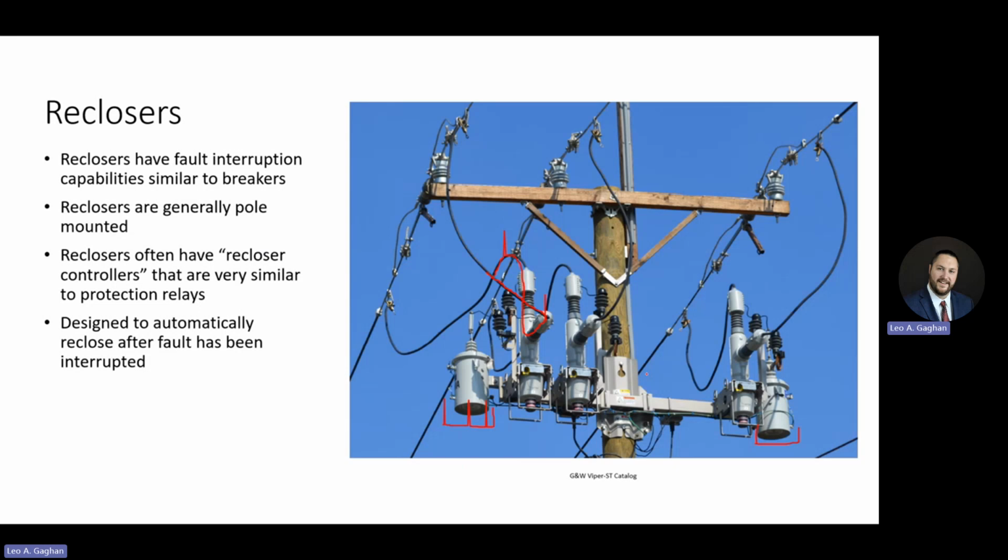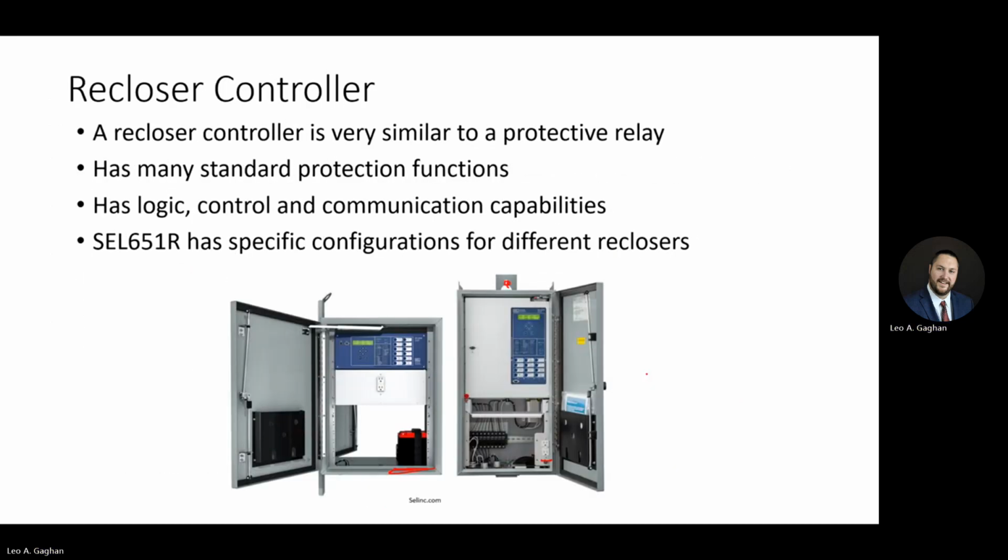The recloser has those VTs on there, and it also has CTs on there, so it sends voltages and currents over. Oftentimes it'll tell us the status of that yellow handle. This is how all the information is sent from the recloser to the recloser controller. That's how the recloser controller tells it to trip and close, over that umbilical cord.